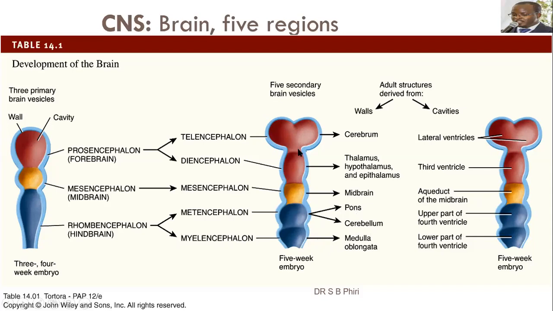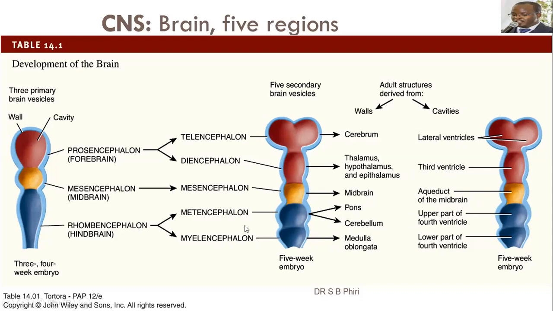Inside them, you have a cavity. These cavities are called ventricles. In the cerebrum, you have the lateral ventricles. Then within the diencephalon, this is where you find the third ventricle. Then in the midbrain, this is where you find the aqueduct of the midbrain.